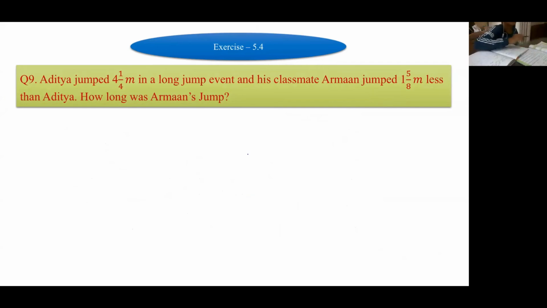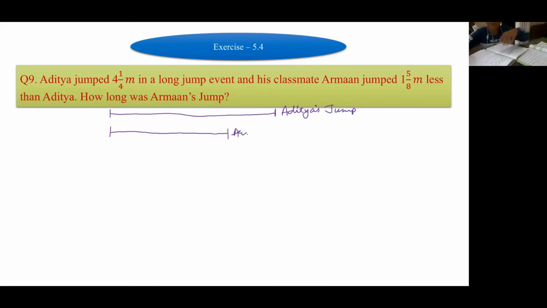First, they are mixed fractions, so we have to convert them into improper fractions, and then take out the LCM of 4 and 8. The LCM is 8, and then we subtract Arman's jump from Aditya's jump.